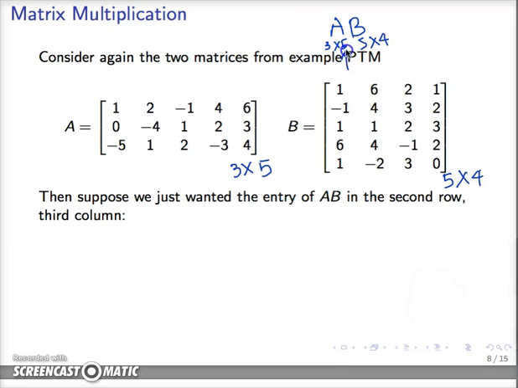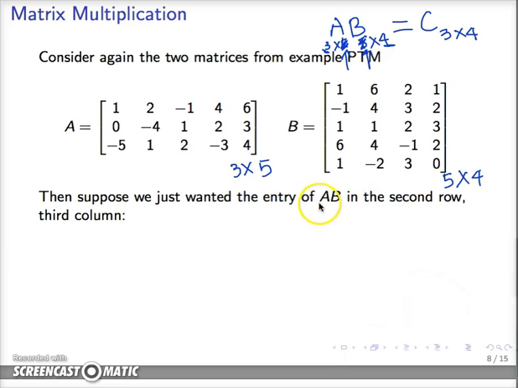Okay, these two numbers match. That's what we want. And then what is left, say that AB equals C, are the number of rows of A and the number of columns of B. So we would say that the product C is a 3 by 4 matrix.